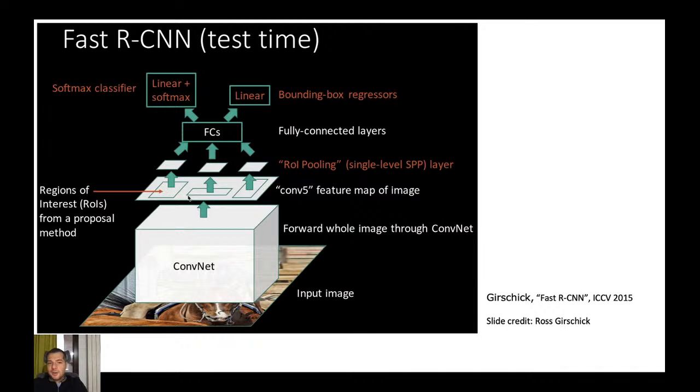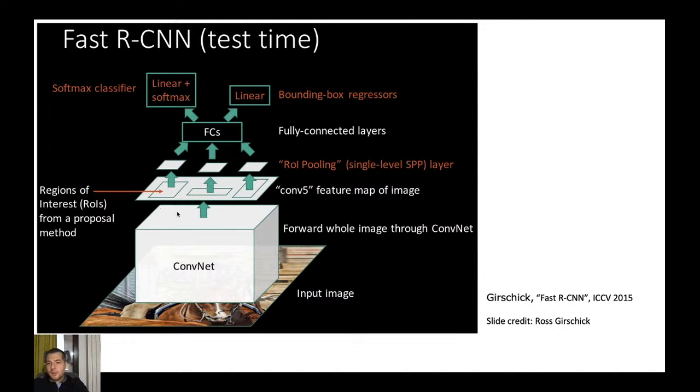And on this activation map, they project the region proposals. So they still apply the same region proposal approach that is independent of the neural architecture, and the region proposals are projected on the activation maps.